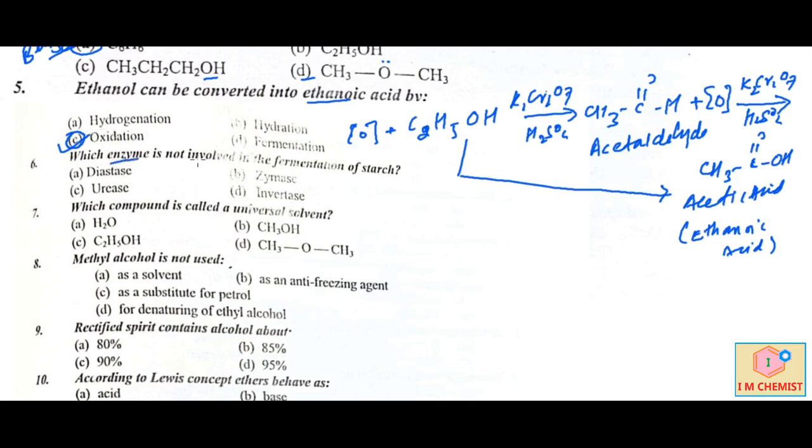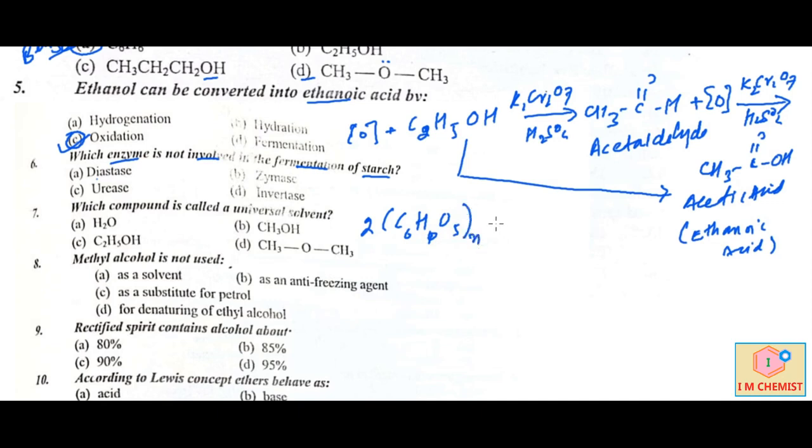Next, which enzyme is not involved in the fermentation of starch? So various options are given. Option number A is diastase, option number B is zymase, option number C is urase, and option number D is invertase. So let me write down the different reactions. If you have starch, the formula for starch is (C6H10O5)n.